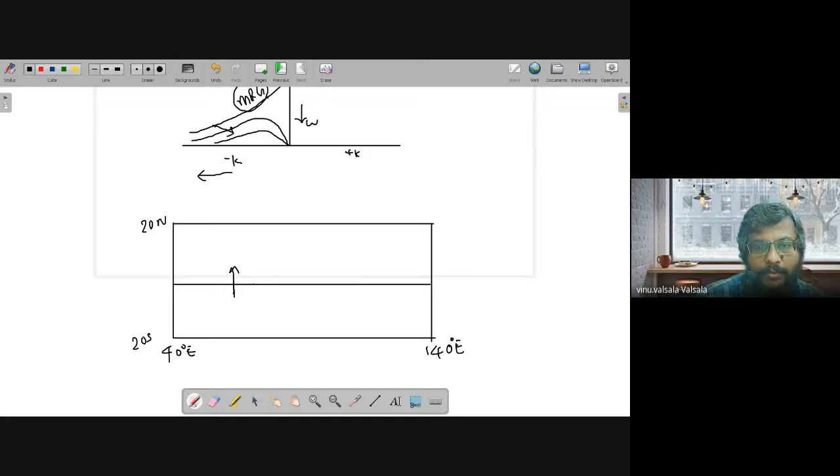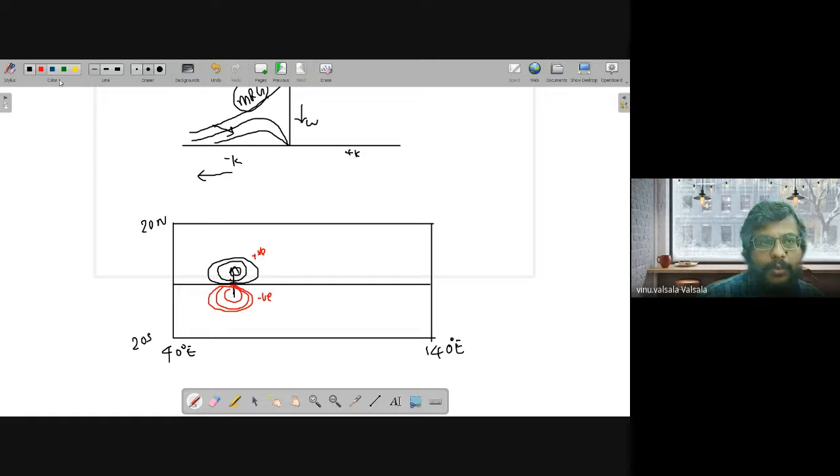Definitely the mass of this part of the ocean has to be pushed forward, and because of that it is going to build up as a positive mass zone, or high sea surface height zone, in the north. What is pushed in the north is devoid from the south, so you will have a negative sea surface height on the southern part of it. So this is positive sea surface, and this is negative.